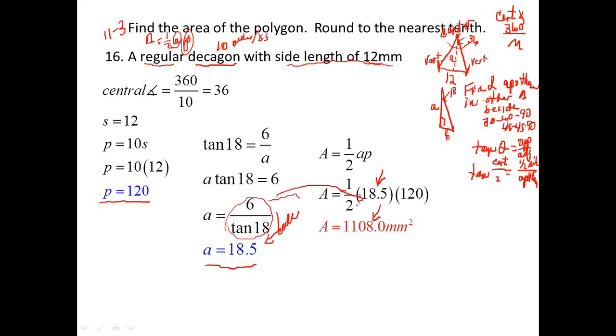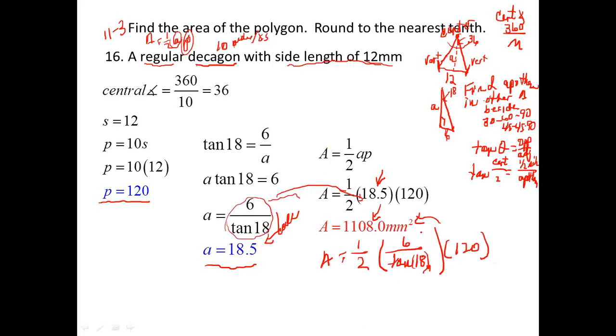Watch the calculator. If you want to just leave it all in here and punch in the calculator, 1/2 times 6 divided by tangent over 18. Typically, you have to make sure that parentheses is finished on the calculator, times 120. That's going to give you this answer.